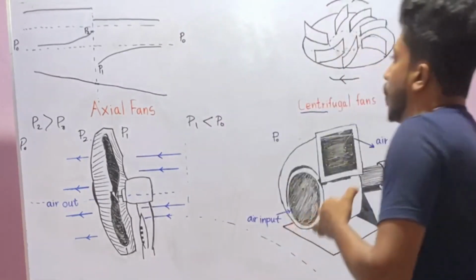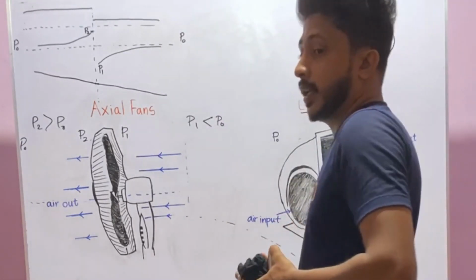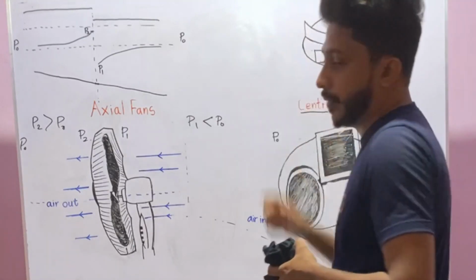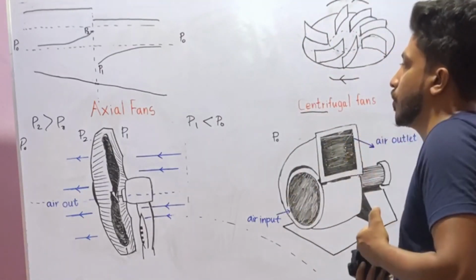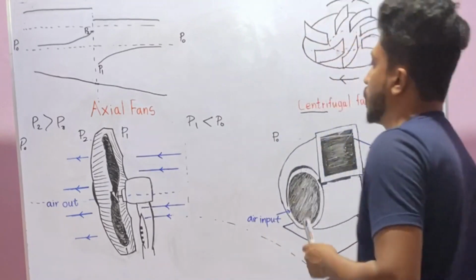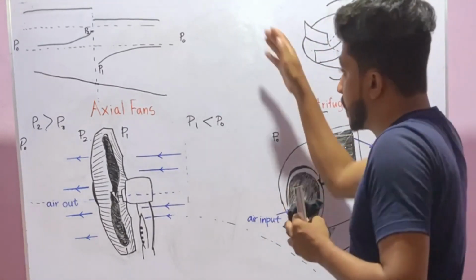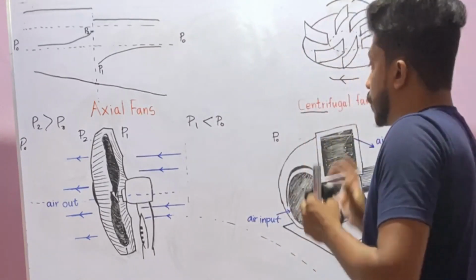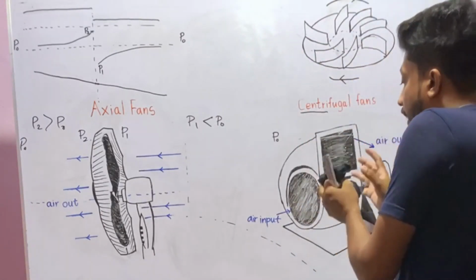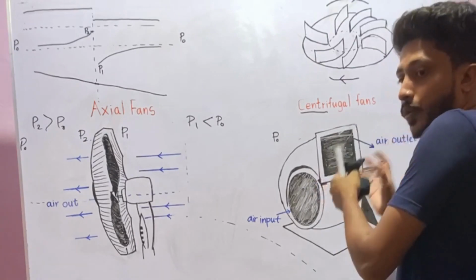That force is only felt by anything which is in this frame. I'm not going to explain it here because we don't need that here, but you have to keep in mind there is a centrifugal force. So that is the force that centrifugal fans are using.